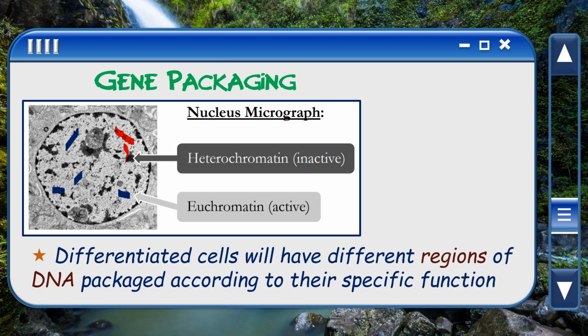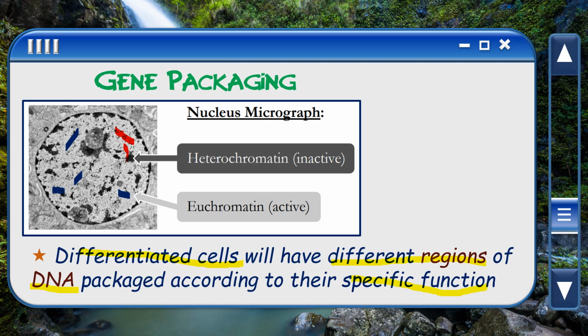So, differentiated cells have different regions of DNA packaged according to their specific function. When we have cells that are specific, and we are referring to them as differentiated cells, they have different regions on the DNA that are packaged according to their specific functions.